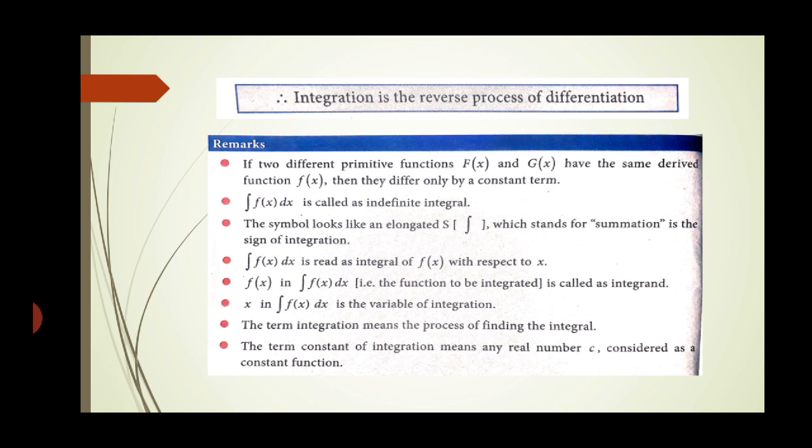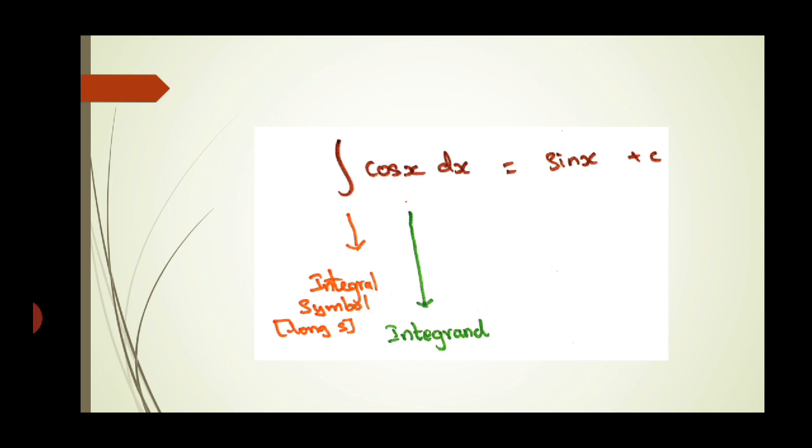The x in the integral f of x dx is the variable of integration. Sometimes they will give the variable as y or t, or sometimes theta. The term integration means the process of finding the integral. The term constant of integration means any real c considered as a constant function.